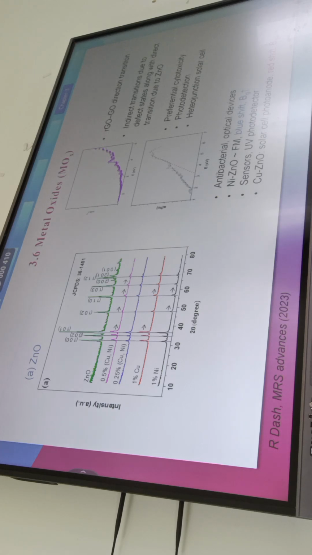XRD gives the phase diagram, so with the different dopings this graph has been shown. FM, Ni zinc oxide, FM.